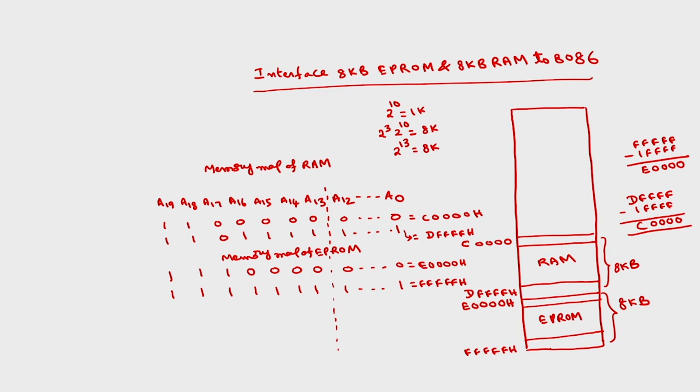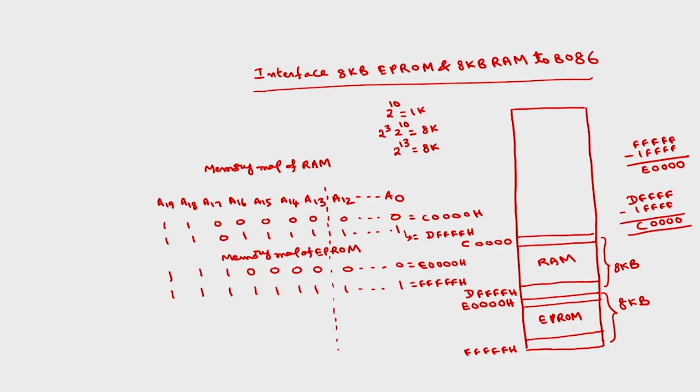Now, what are the address lines that are left? A13 to A19 are left. So now we have to use A13 to A19 to generate the chip selects of these particular memories. Also we know that in the 8086 the memory is available in two banks, even and odd banks. So in total we have 4 memories, 2 even memories and 2 odd memories. Then how do these have to be connected?